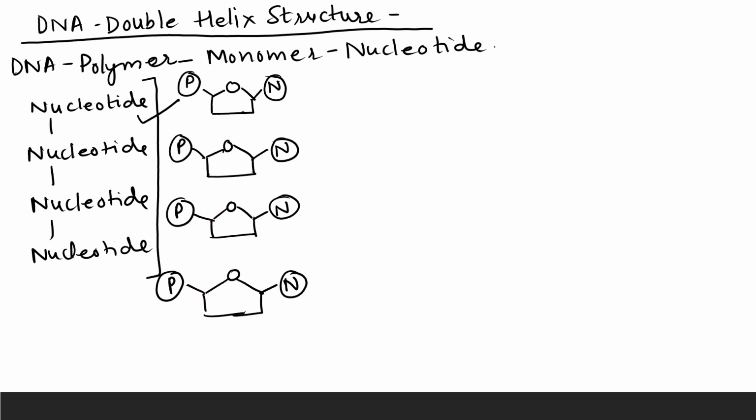Now let's understand how this will happen. Now again I'm making a structure of one nucleotide. So this is C1, C2, C3, C4, and there is one C5, right? And one more. And now we know this is nitrogen and we have one phosphate group, right?